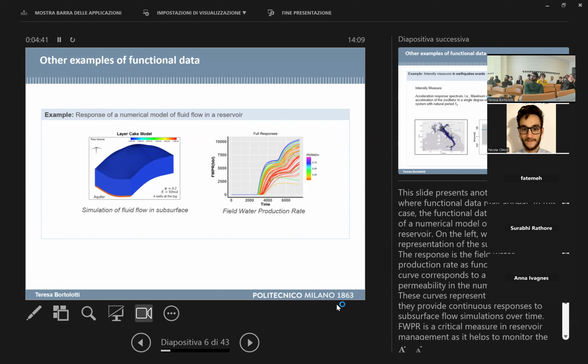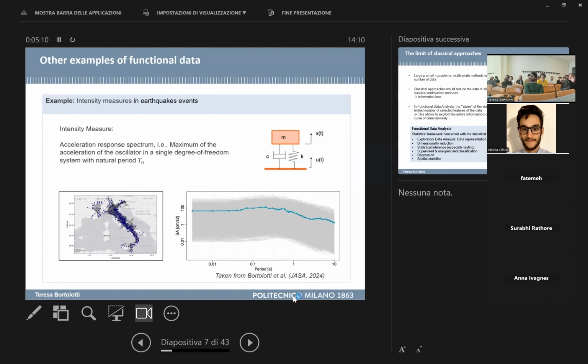Here you are displaying the output of the model for different values of permeability. So to assess the performance of the reservoir, it may be interesting to do some inference for different values of permeability, also the ones that you are not observing. So it is interesting to do some statistical analysis on the outputs, and it is convenient to consider the outputs as functional data.